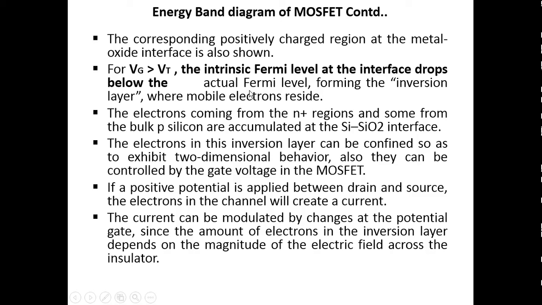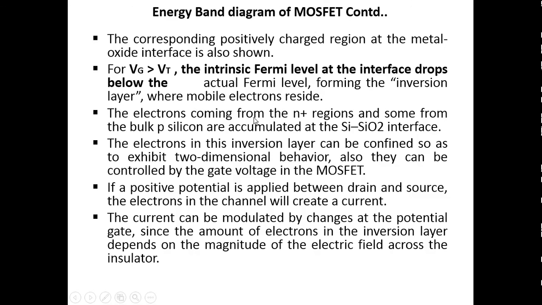Okay, so it is in this particular inversion layer that the mobility of electrons takes place, or the mobile electrons reside in this inversion layer. Depending upon the gate voltage applied, these electrons have high mobility through the inversion layer, and that then flows as a drain current, the drain to source current through the drain terminal, isn't it?